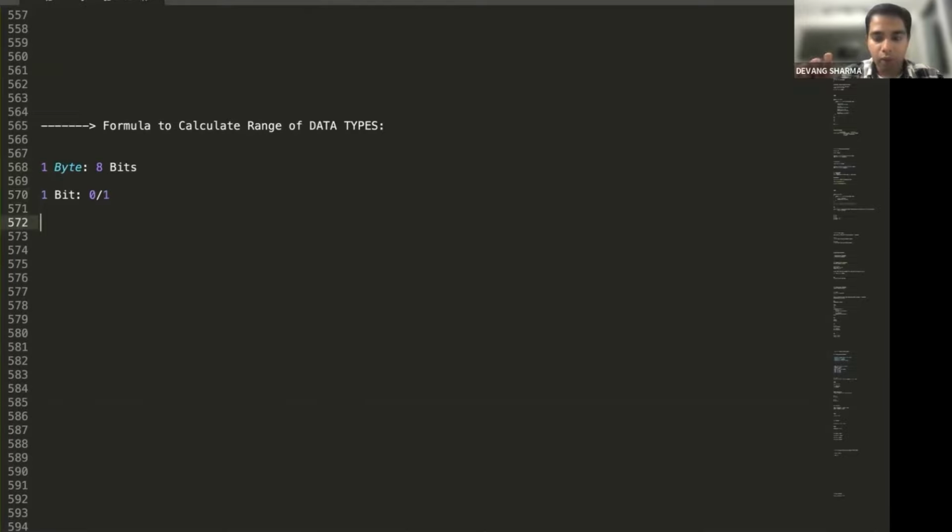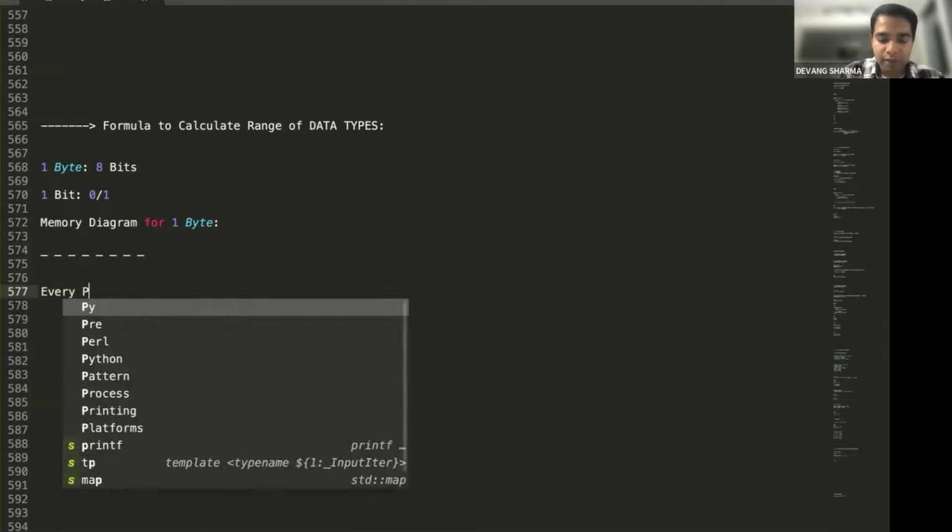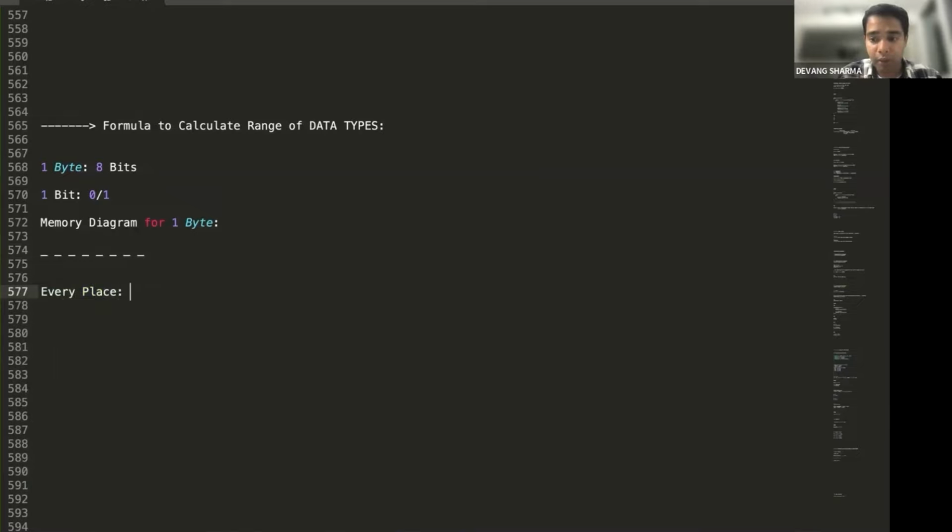Now understand the memory diagram for 1 byte. 1 byte means there are 8 bits. So 1, 2, 3, 4, 5, 6, 7, 8. Every place which is a bit, you can fill either 0 or 1.